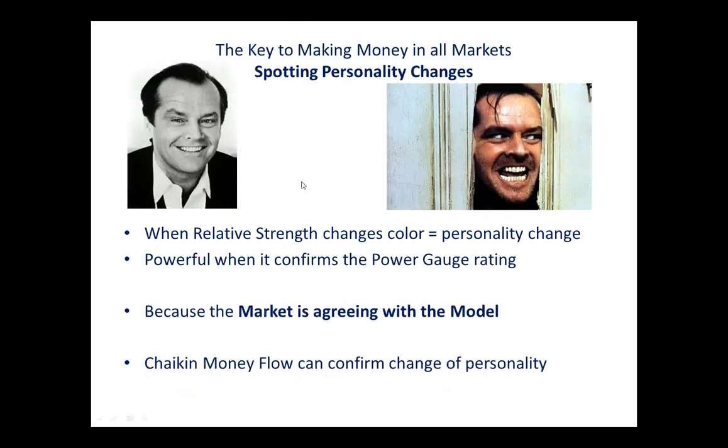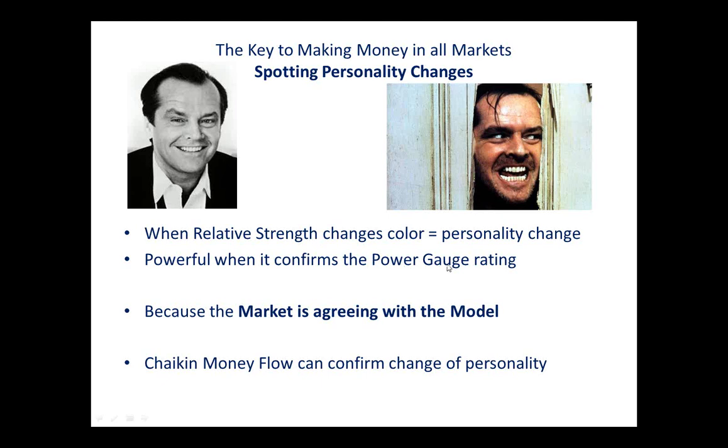The second part of that, something else you heard me mention earlier, is spotting personality changes. This is our favorite Jack Nicholson personality change, in that movie The Shining, I believe. Essentially, when relative strength changes its color, that's in essence the personality change, whether it's going from strong to weak or weak to strong. It's particularly powerful when it confirms the power gauge rating.